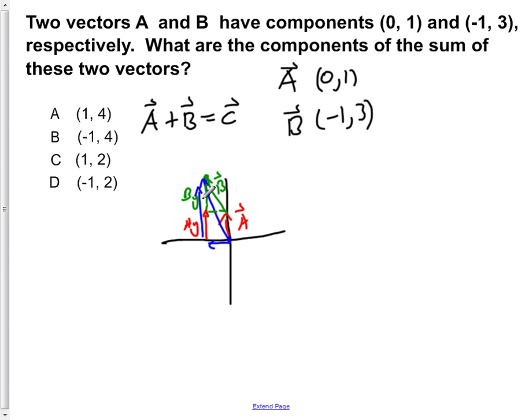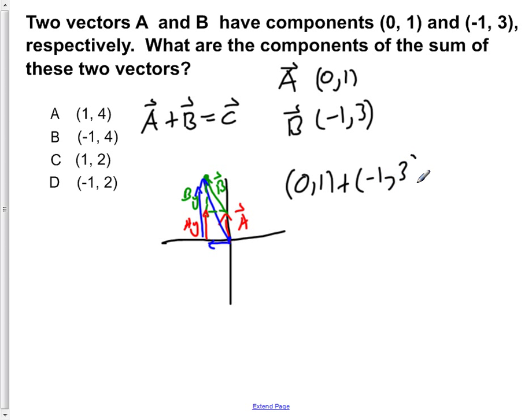So we see that adding up both of the y's gives us the y component of the resultant, and adding up both the x's of the two vectors will give us the x component of our resultant. So we can just simply add the like terms.